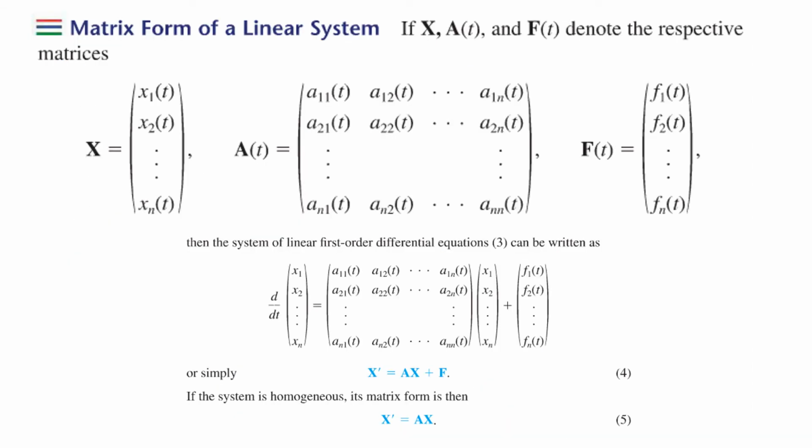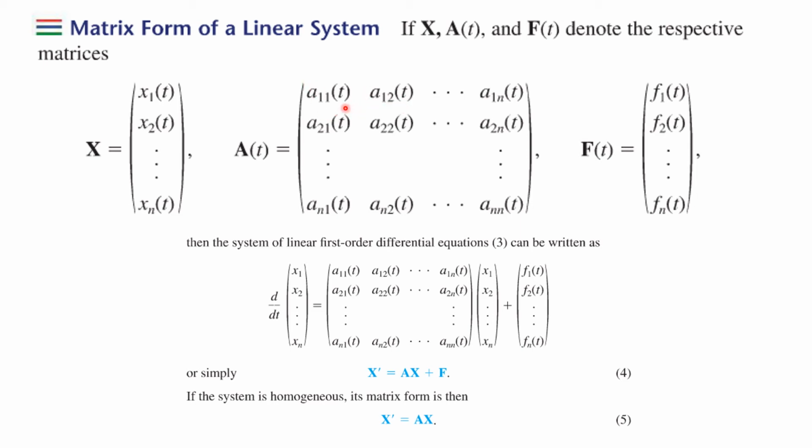Now, many times we're going to be addressing these things in a matrix form of a linear system. So if, and these are bold to represent the matrix, x is going to be my unknowns, and this is a column vector. So this is x1 of t, x2 of t, dot, dot, dot, all the way down to x sub n of t. Capital A, boldfaced A of t, is this matrix. Now these subscripts mean the first is the row and the second is the column.